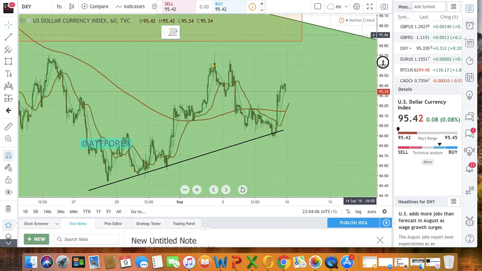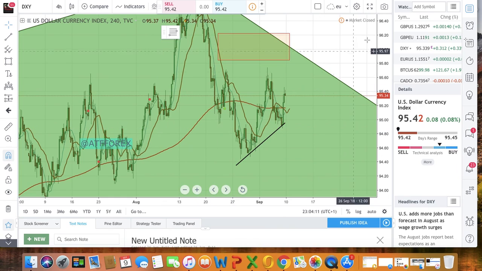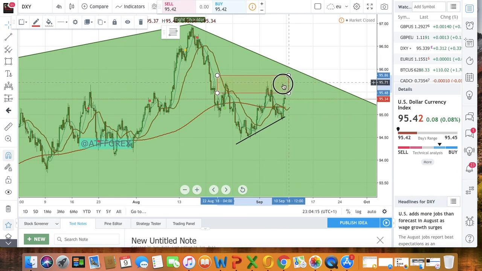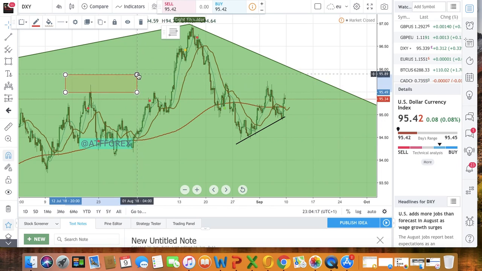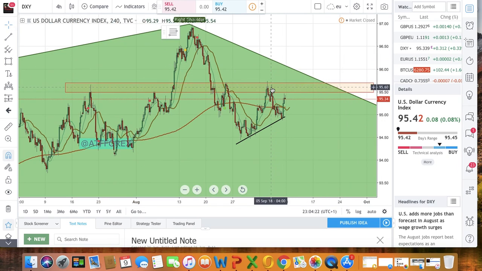I'll just take this into a 4-hour time frame just so we can see a wider perspective of this market right now. We can actually see here this zone where we're getting wicks, price wicking right into this zone, 95.5 up to 95.7.